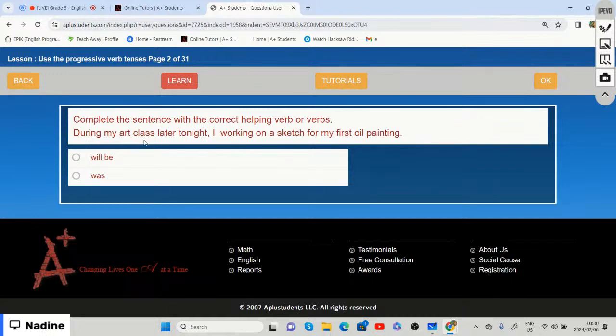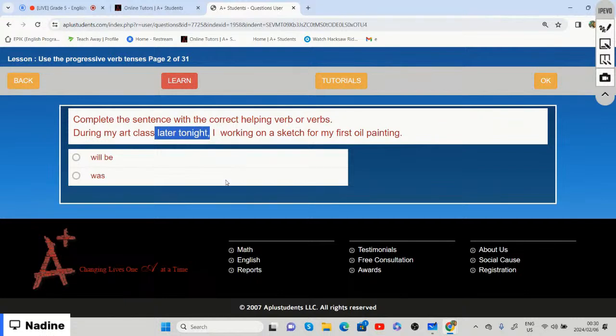During my art class later tonight. If you already listened to the words later tonight, is that in the present tense, like it's now? Is it in the past tense, which happened already, or is later tonight in the future tense?